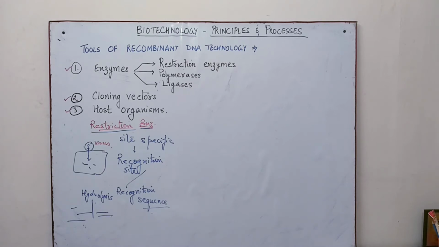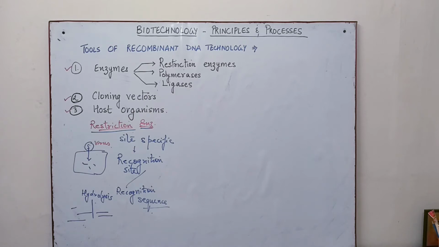Now a question can be that these restriction enzymes cut the DNA at a specific sequence. Quite a possibility is that these restriction enzymes might as well cut the DNA of the bacteria itself, thereby destroying the bacteria also.